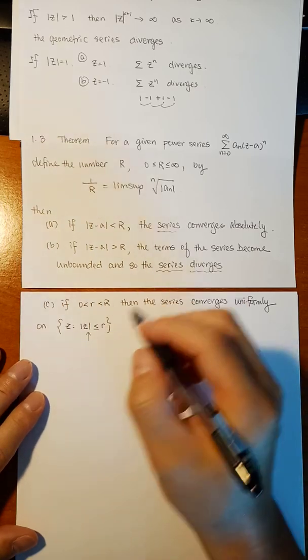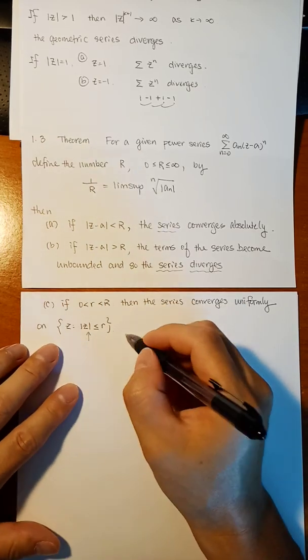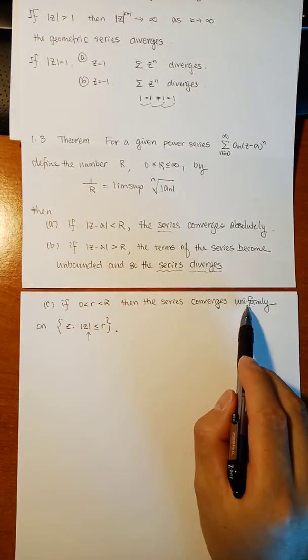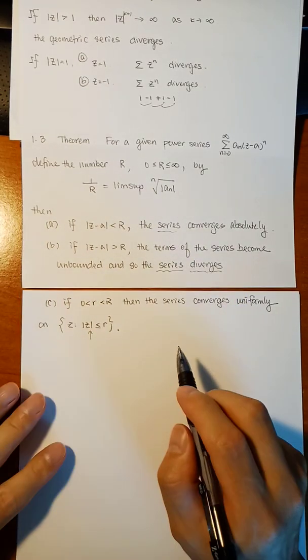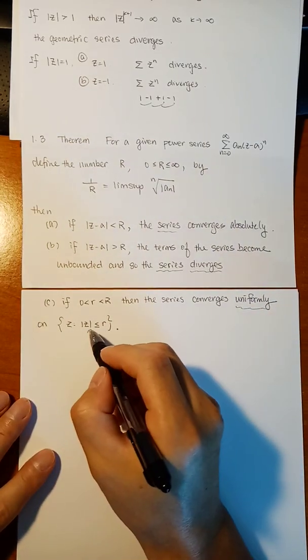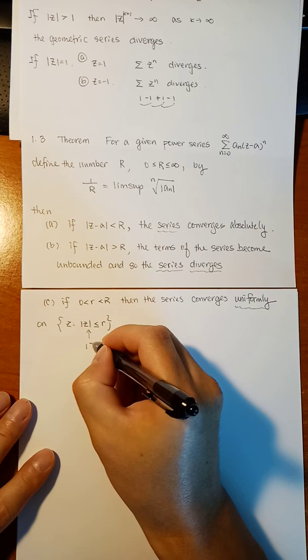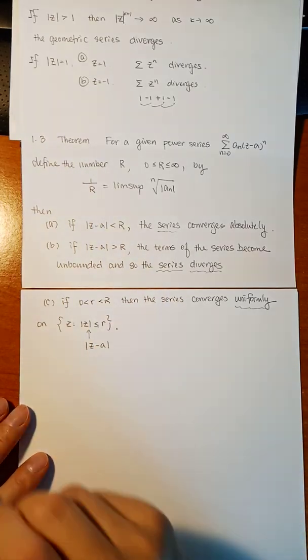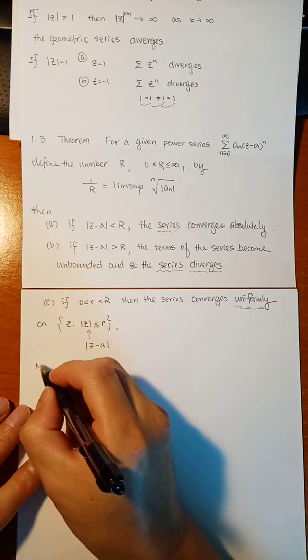It's not correct, as we will see. But in general, it says it's a uniform convergence, a strong conclusion. But this should be z minus a, not z itself. Z minus a.